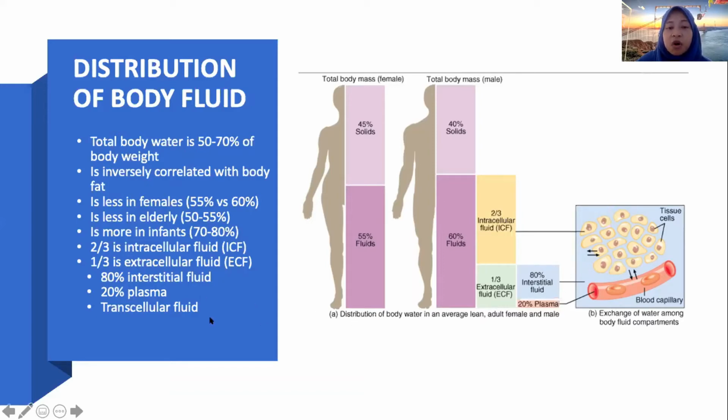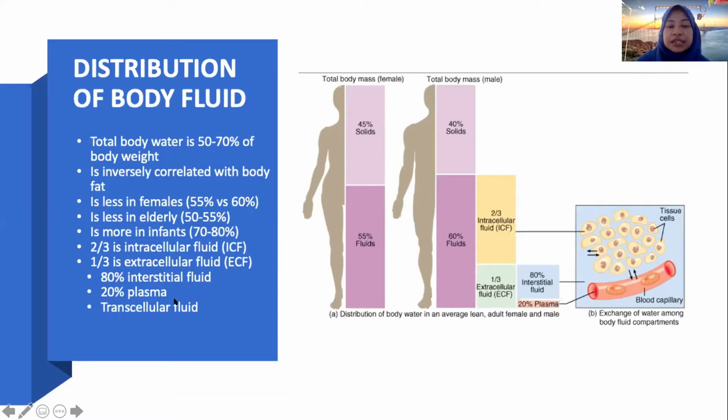There's also a small proportion of fluid in the extracellular space, which we term transcellular fluid. Transcellular fluid is the extracellular fluid which is not interstitial fluid and not plasma. For example, your saliva, your sweat, your urine, your CSF, your amniotic fluid, okay? So we don't really call this fluid either interstitial fluid or plasma.